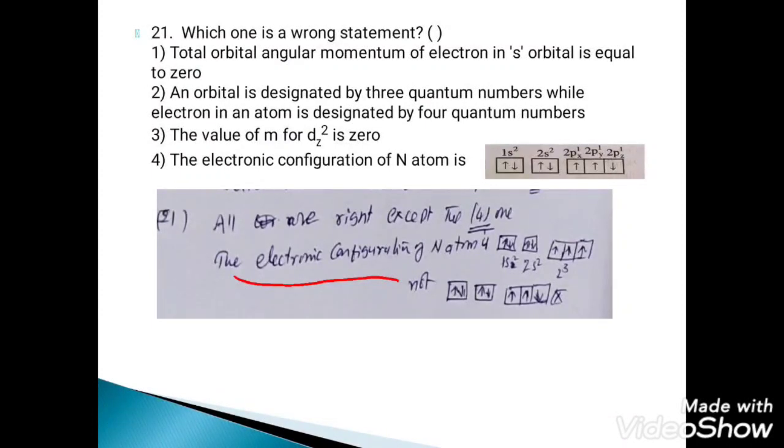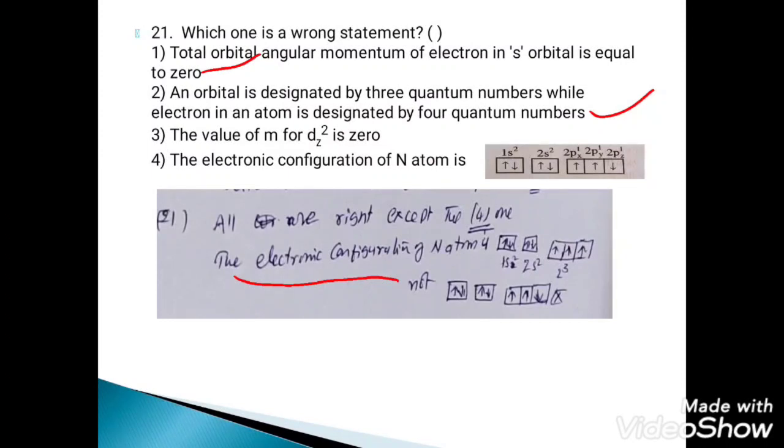That is correct only. An orbital is designated by 3 quantum numbers, while an electron in the atom is designated by 4 quantum numbers. If you know up to the magnetic quantum number, you can easily find out what type of orbital it is. And if you know the 4th quantum number, then we can say the position of the electron, and we can identify the electron also. So that is also a correct statement.